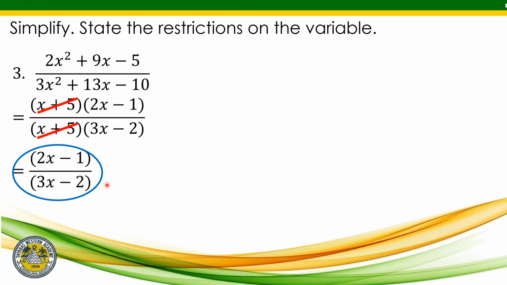Next is to know the value of the variable na magre-result sa denominator as 0. Saan tayo kukuha? Hindi dito. Doon sa nasa taas. Ito, yung factored form natin. So, yung dalawang yun ang gagamitin natin para makuha ang value ng x. So, we have x plus 5 equals 0 and 3x minus 2 equals 0.